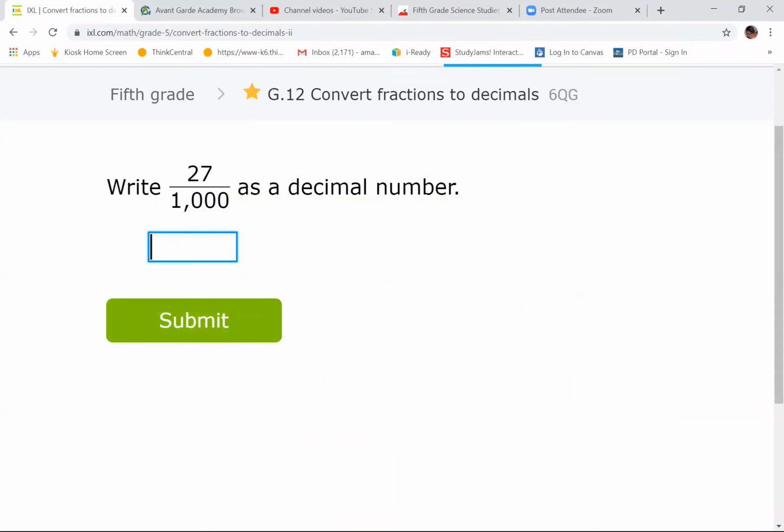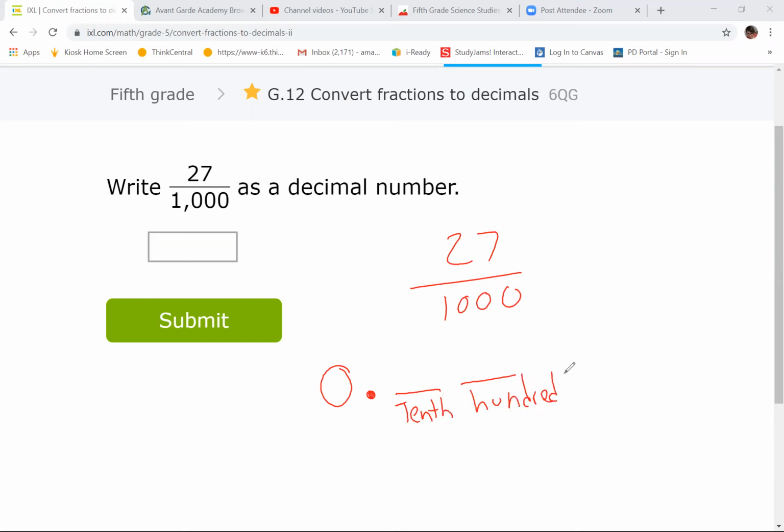Okay. Let's write 27 over 1,000 as a decimal number. So we have 27 over 1,000. Okay, get your paper and pencil. I want you to write this out. Here's my whole number, 0 and tenths. Hundredths. I have to go all the way to thousandths, don't I?